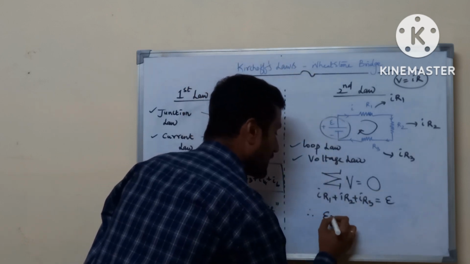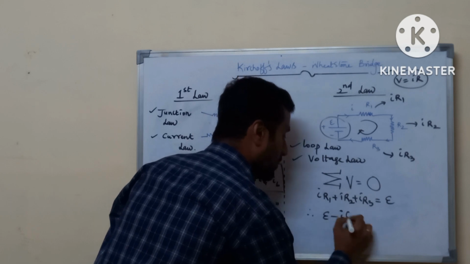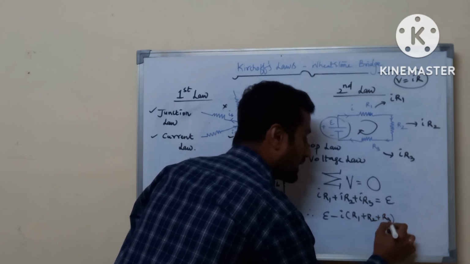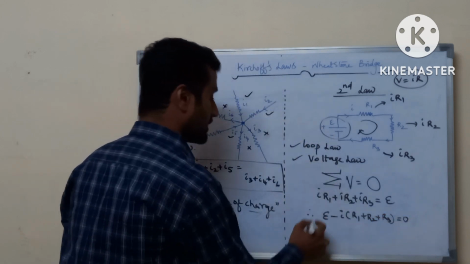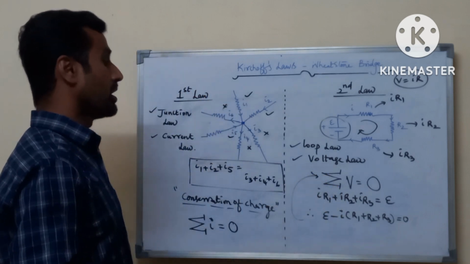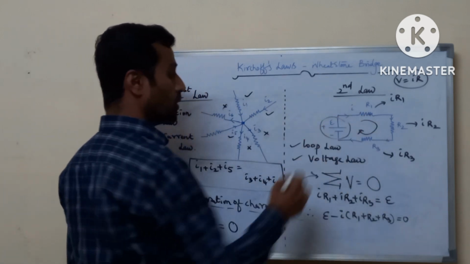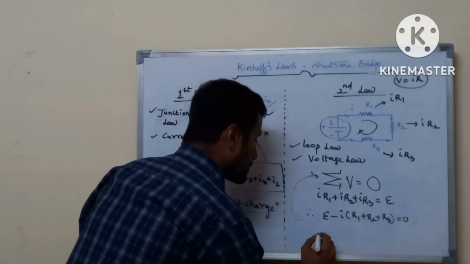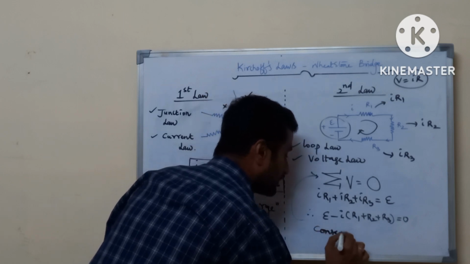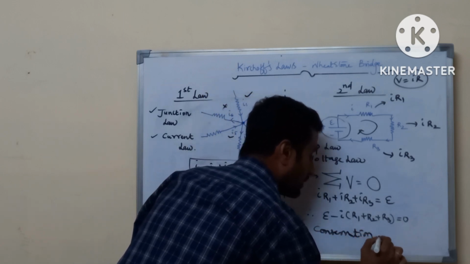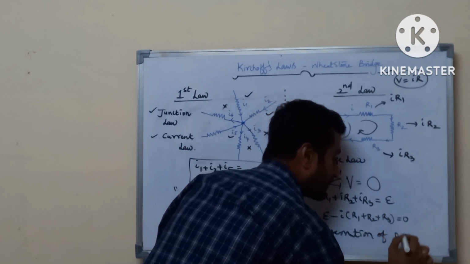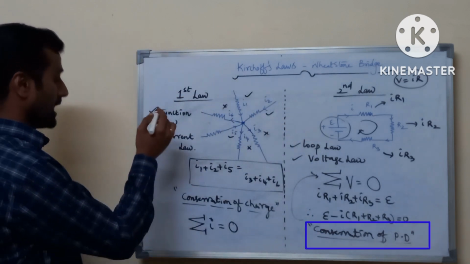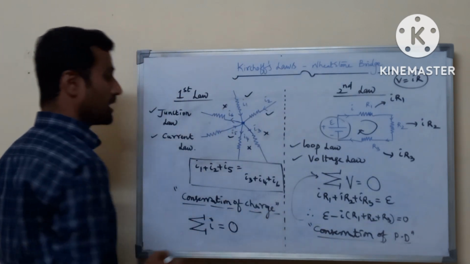Therefore, E minus I times R1 plus R2 plus R3 is equal to 0, which is nothing but the algebraic sum of potential across any closed loop being equal to 0. Here the second law follows the conservation of potential differences, whereas in the first law, the charge is conserved.